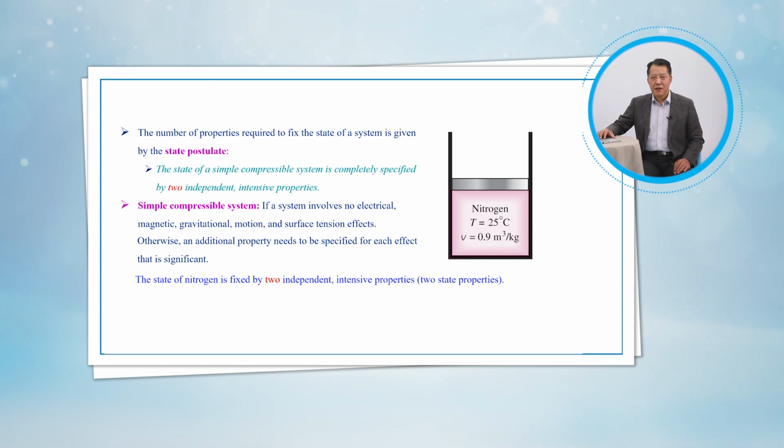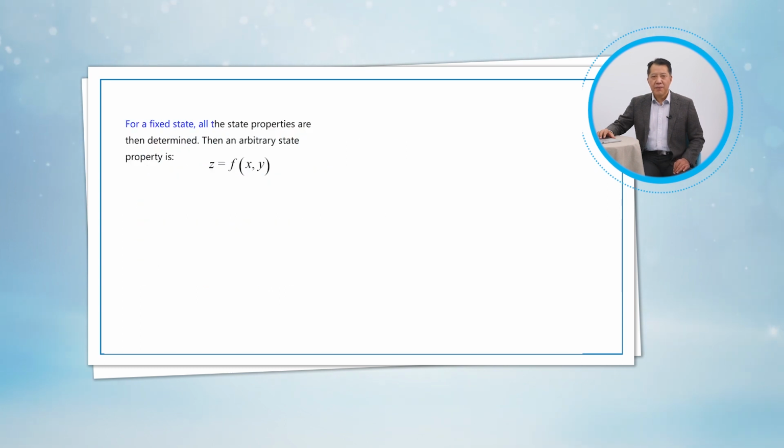Thus, temperature and pressure are not sufficient to fix the state of a two-phase system. For a fixed state, all the state properties are then determined.